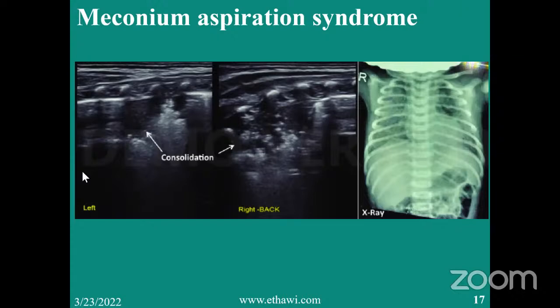My second question, Dr. Yahya, what do you think, in each ultrasound, do we have to do the Doppler and M mode? Because the M mode will help you regarding the pleural effusions, and the Doppler will help you regarding whether it's bacterial or viral. What's your advice on that? You can do that.